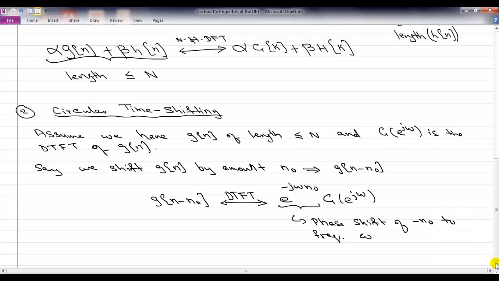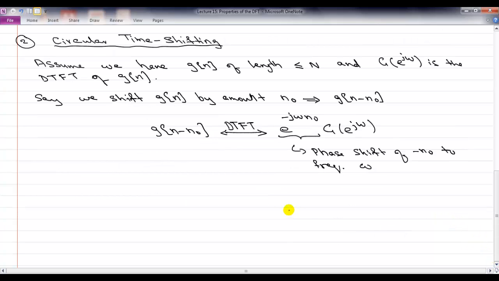Now, you may be tempted to have a similar kind of property for the discrete Fourier transform, but we have to be careful with that because we could get into trouble. When you shift the sequence, under the way we have defined the length of the sequence, what happens?